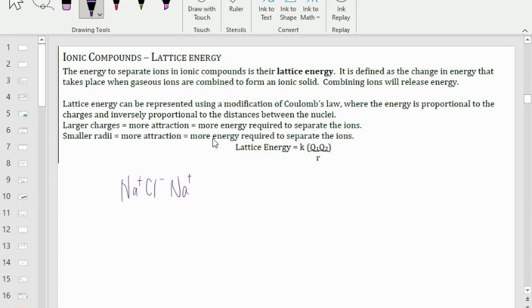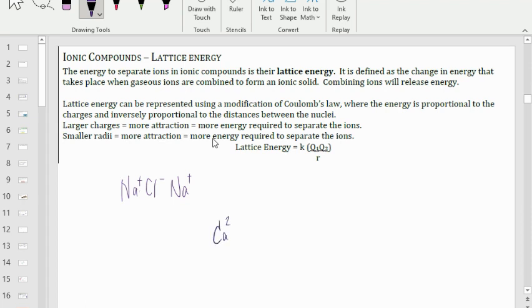So lattice energy can be represented using a modification of Coulomb's law, where the energy is proportional to the charges and inversely proportional to the distances between their nuclei. Larger charges mean more attraction.